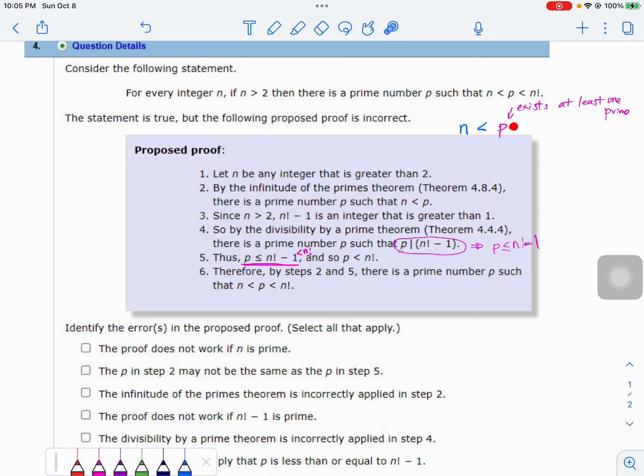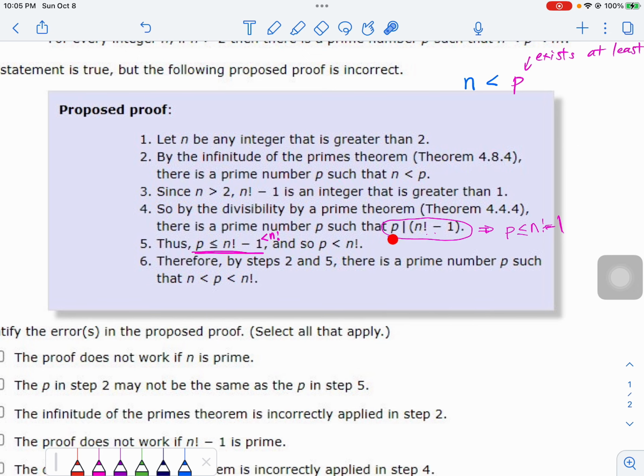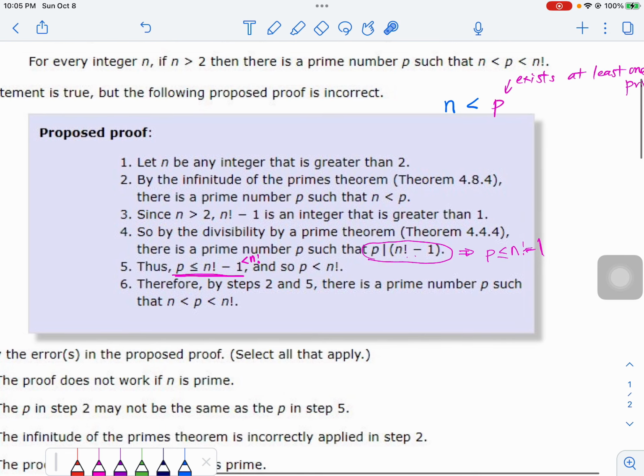We're just saying at least one, and then it just labels p. And now, in number 4, this p has to be very specific. There's some specific p that divides n factorial minus 1.